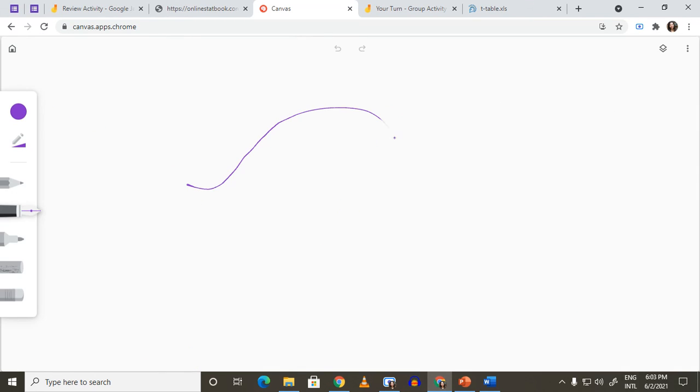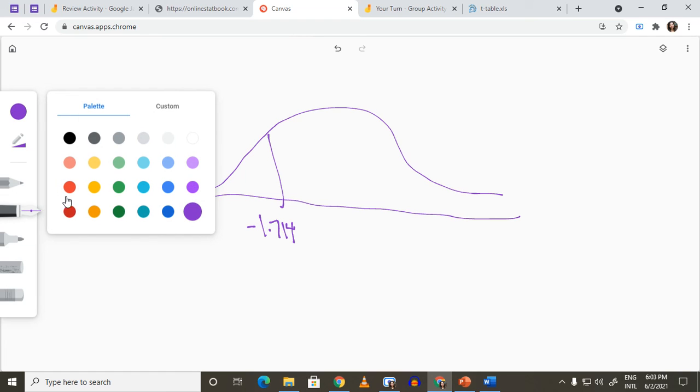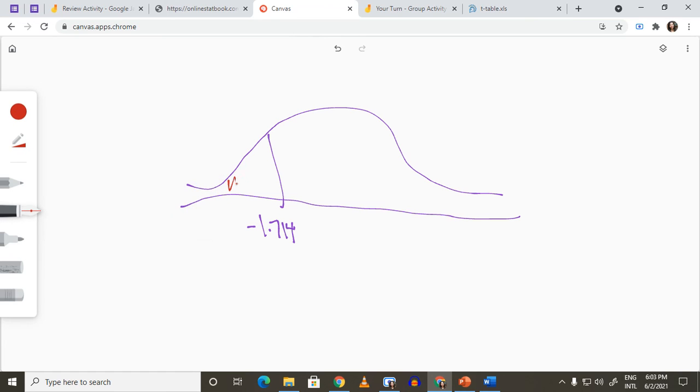So, nandito yung negative 1.714. Then, shade natin ang ating rejection region. So, ibig sabihin, ang rejection region natin ay nandito, that is T is less than or equal to negative 1.714.